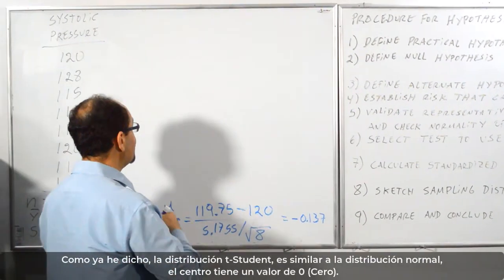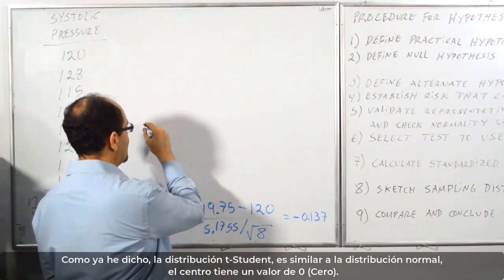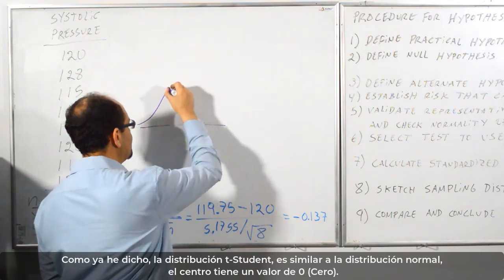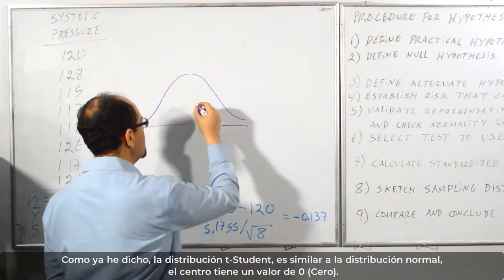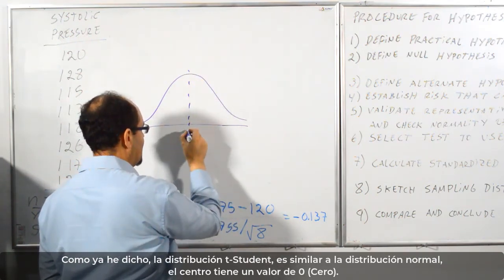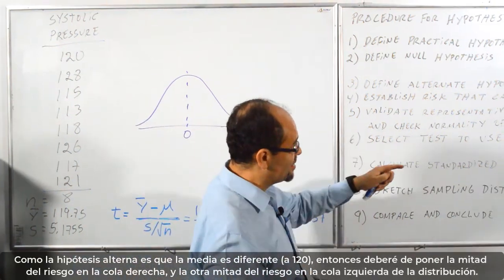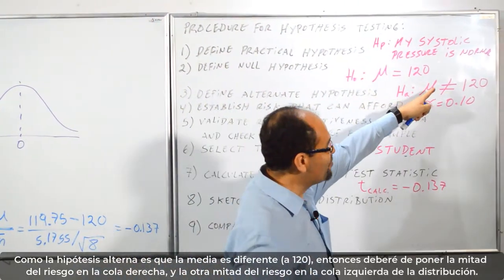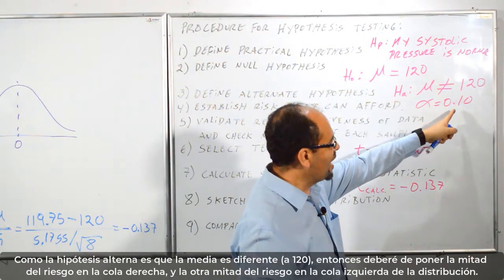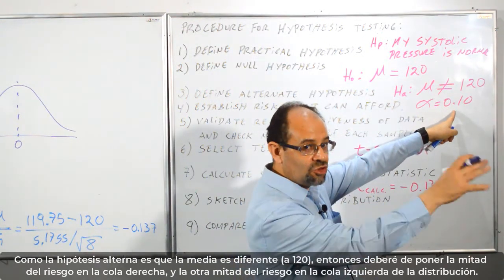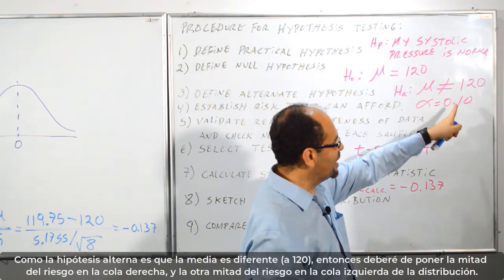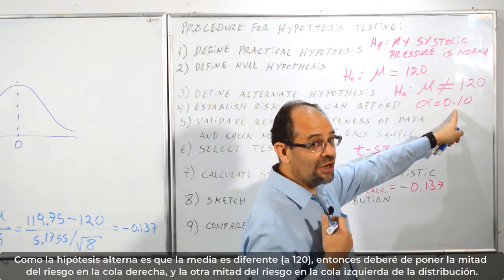Now I have to sketch the sampling distribution. As I have said, the t-student is a distribution similar to the normal distribution. The center is 0, and since I have decided to write "different", half of the risk will be in the right tail and half of the risk will be in the left tail.